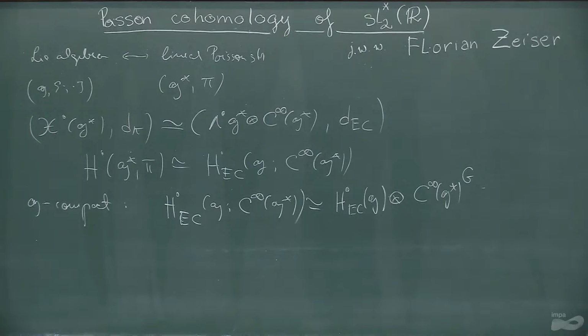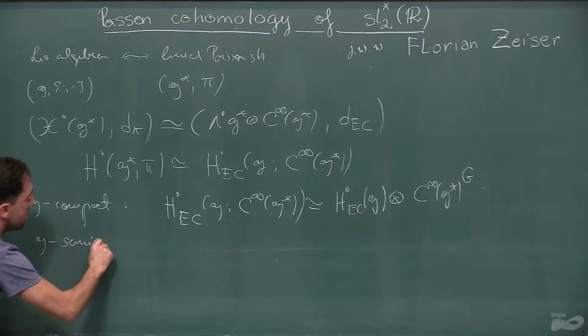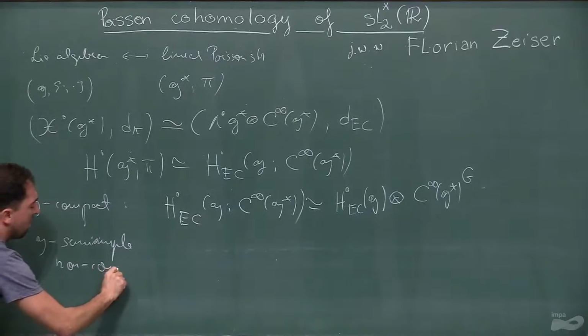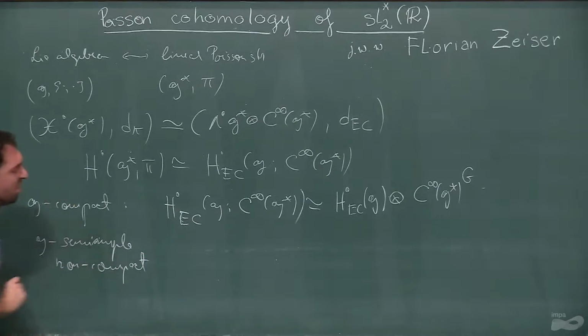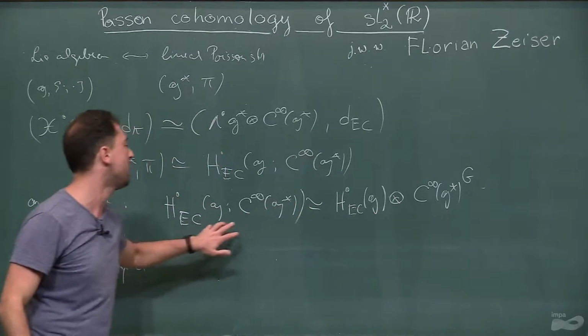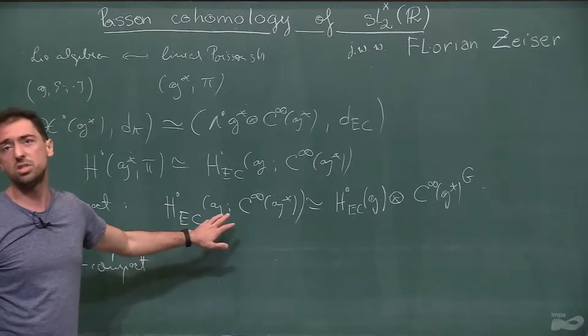But this already fails. So if I would just put here g semi-simple and non-compact, this equality already fails. So you always have a map from this cohomology in here, which is not surjective.